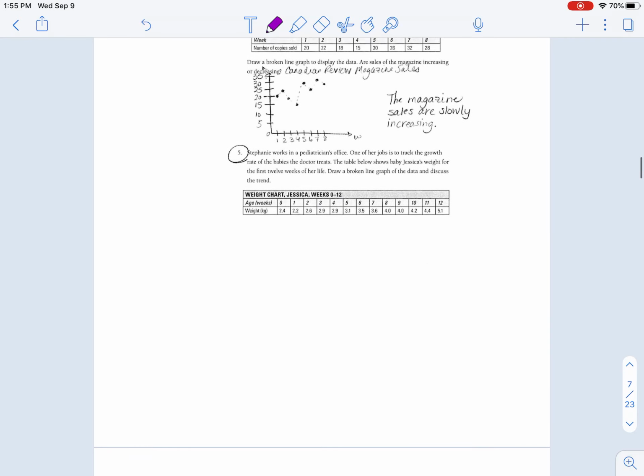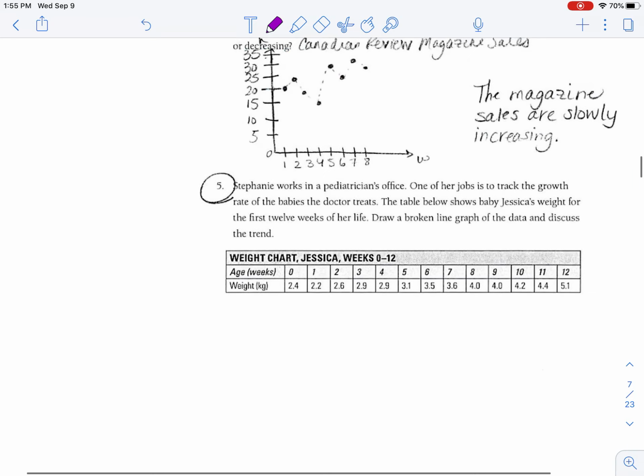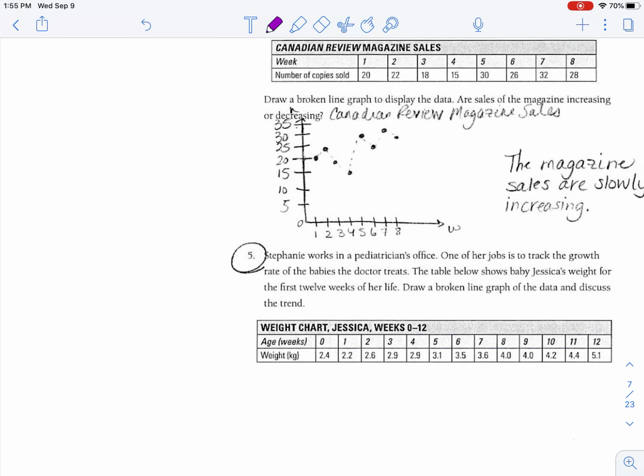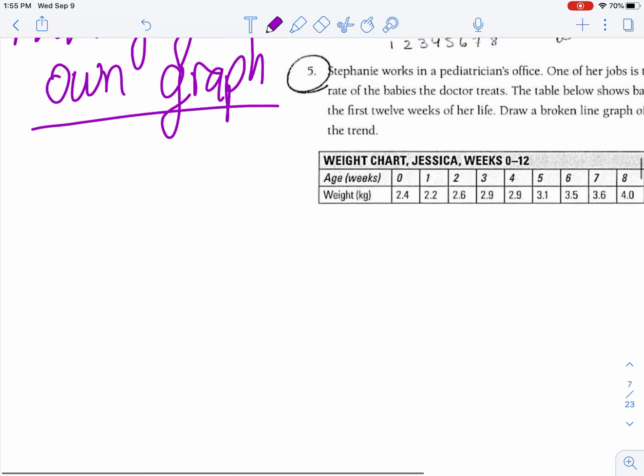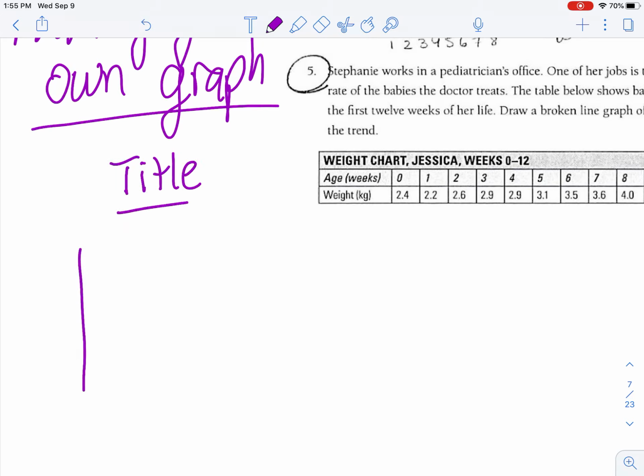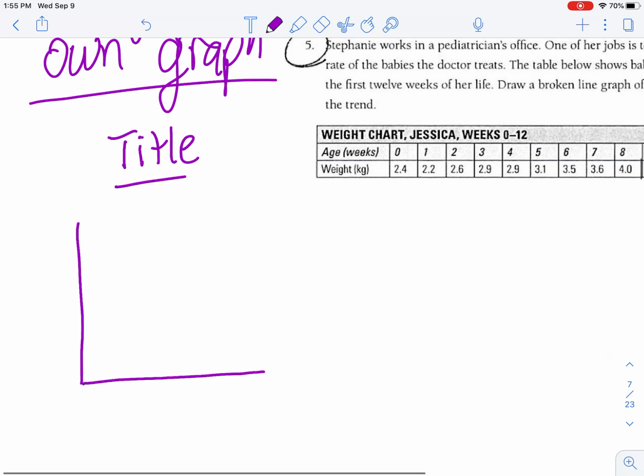Now, we need to know how to make our own graphs. So let's put a little note over here: making your own graph. When you make your own graph, it's really important to understand certain things. You always need a title. You need a y and an x-axis, and you always need to state what each is.